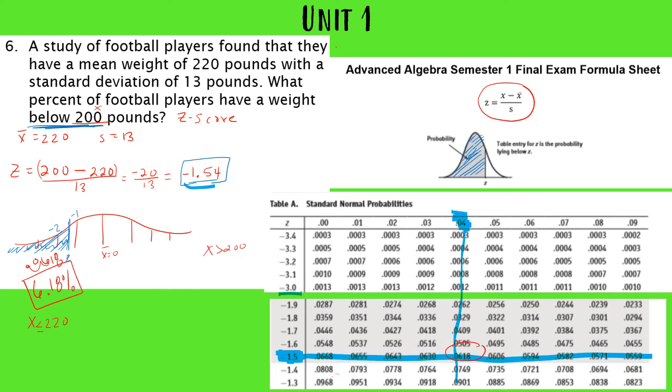The question doesn't ask this, but if I wanted the area to the right, I would have to do 100% minus the 6.18% that was on the left, and that means 93.82% is everything greater than. The question asks for less than, so our answer is just 6.18%.